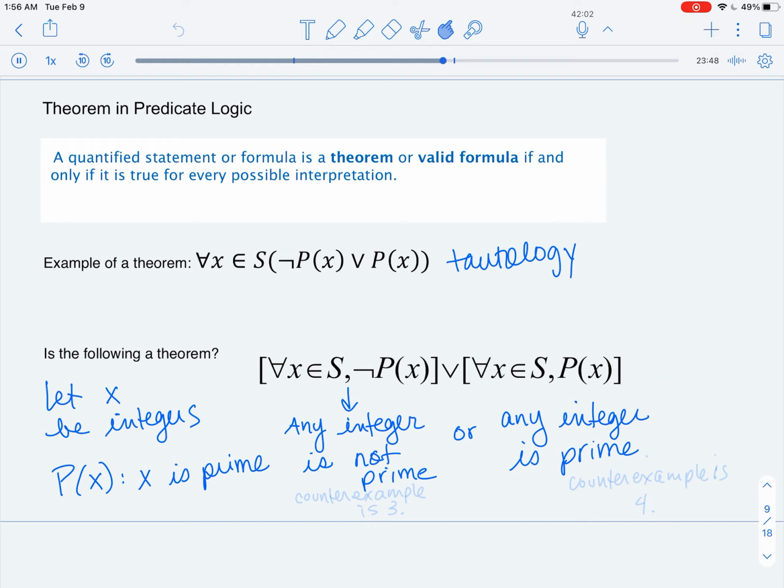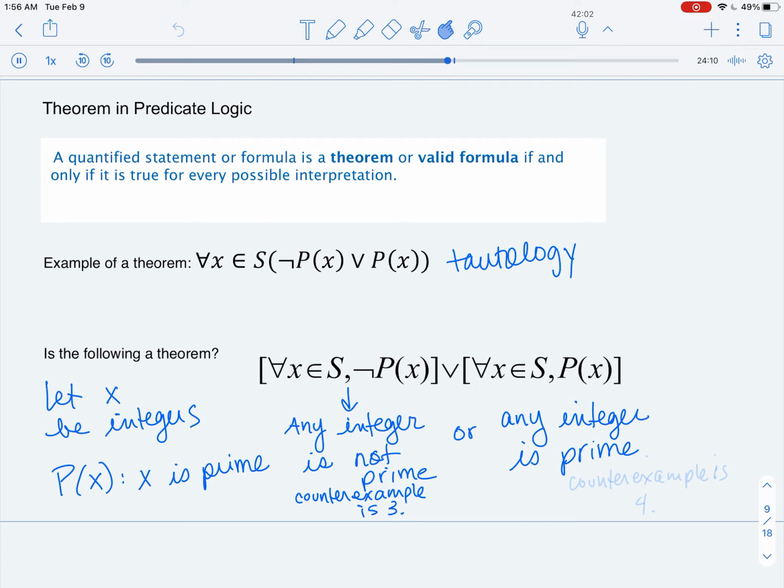And how do I know this? So 3, for example, is an integer, but 3 is prime. So for this statement, the counterexample is 3, or any other prime number.